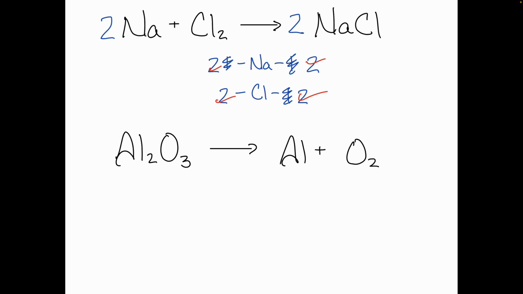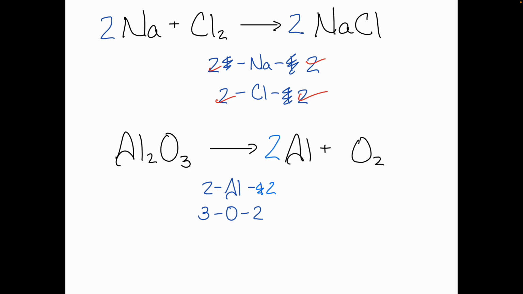All right, so when I total everything up here, I have 2 aluminums on my reactant side and only 1 on my product side, and 3 oxygens on my reactant side and 2 on my product side. So I'm just going to go down the line here. Let's fix this aluminum situation. Put a 2 out front. Wonderful, now those match. My oxygen situation, though, is a little bit trickier because you can't turn a 2 into a 3.